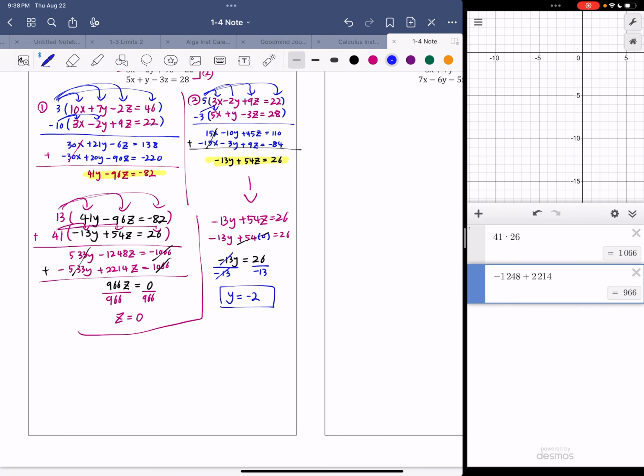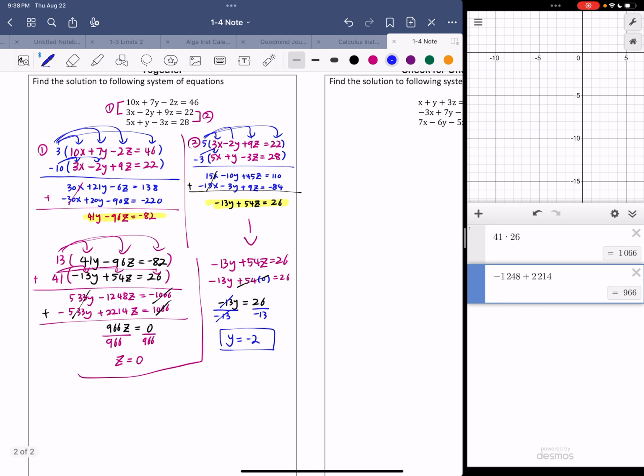Last, we finally got z value and y value, so we have to find x value. So I'm going to choose one of these three. Again, I'm going to just choose the first one because why not, right? But you can choose the other two if you want to. Not a big deal.